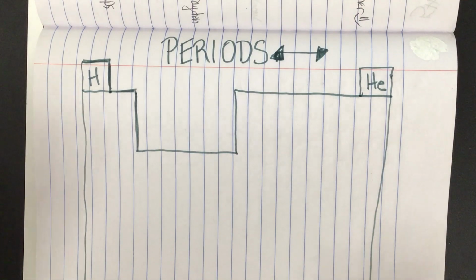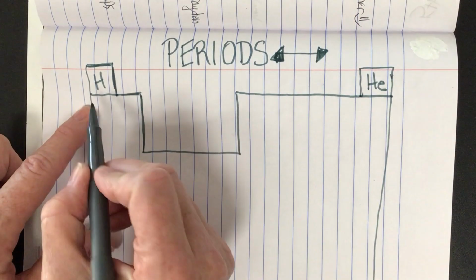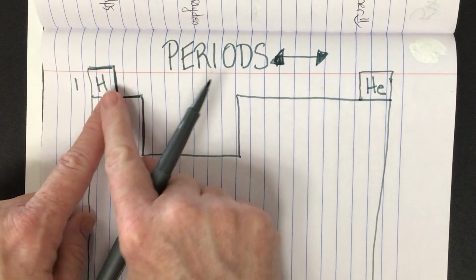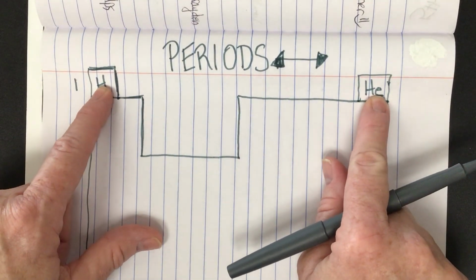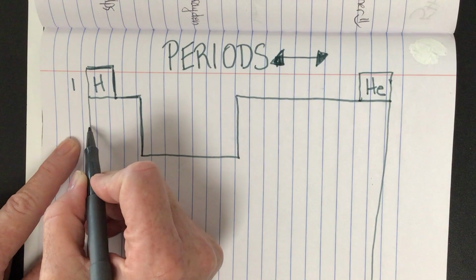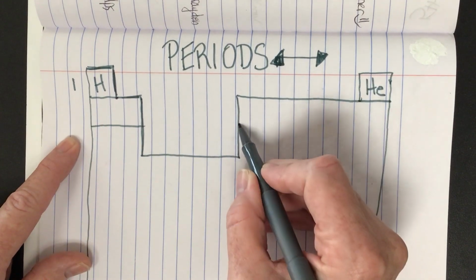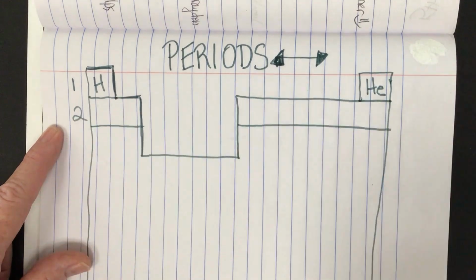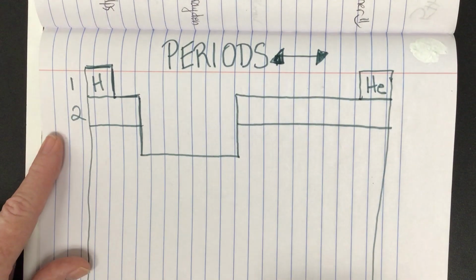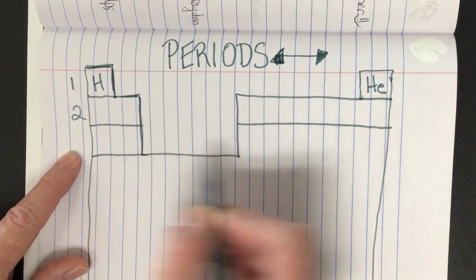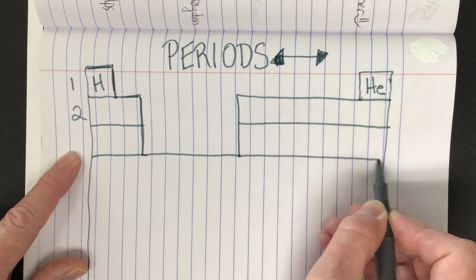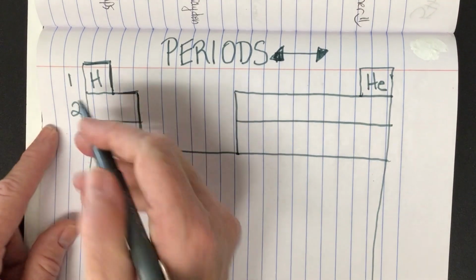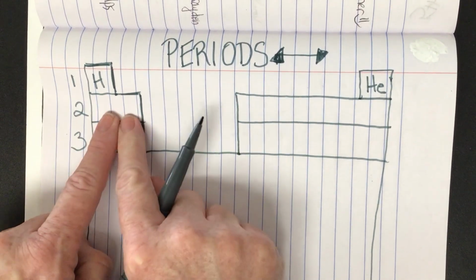Now, what we're going to do is we're going to just mark our periods. And if you notice, period 1 only has 2 elements in it. And then period 2 is going to come across this way. So we have period 2. Period 3, if I counted it, periods 2 and 3, I think they have 8 elements.